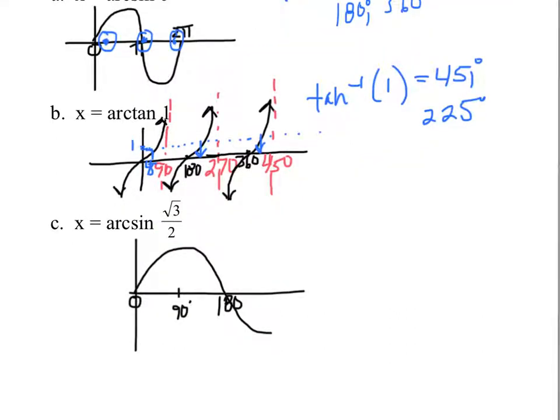In example C, we are asked to find the angle values for the arcsine of square root of 3 over 2. So in the calculator, you'll want to carefully input that inverse sine of square root of 3 over 2. And you should find that that will give you 60 degrees. So 60 degrees on our graph is the corresponding angle for the square root of 3 over 2, which is somewhere below 90.